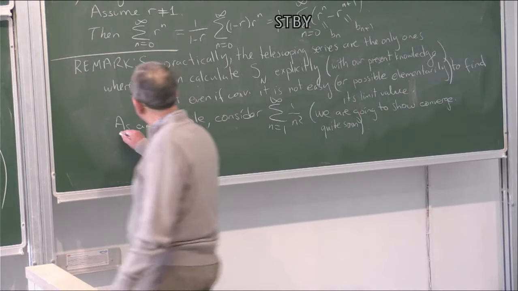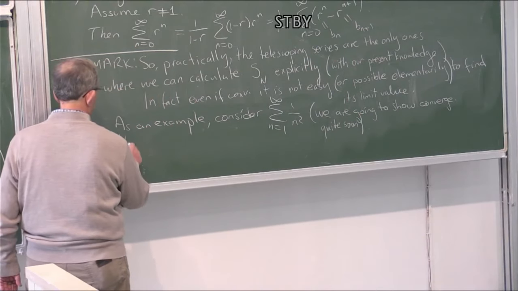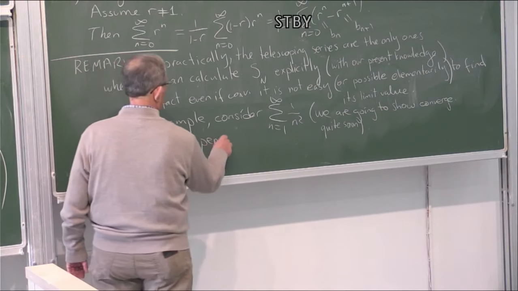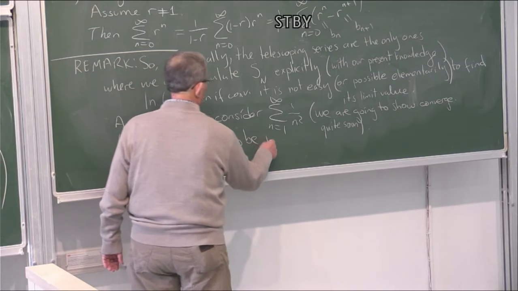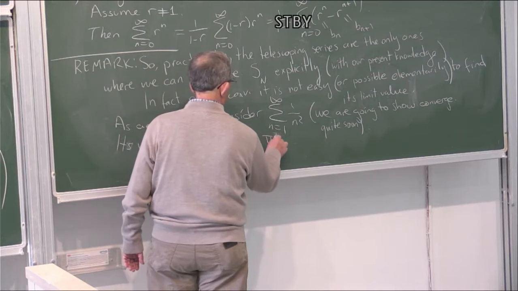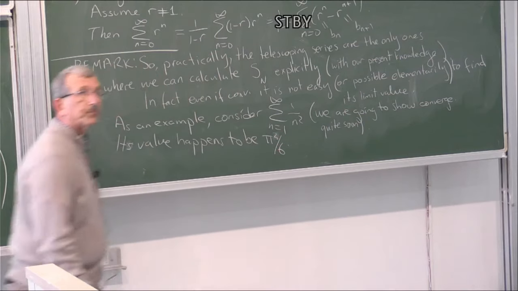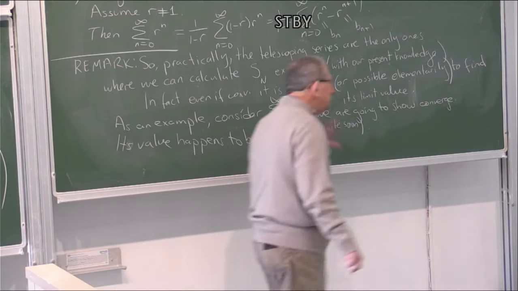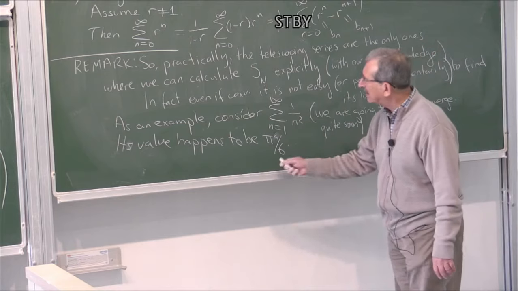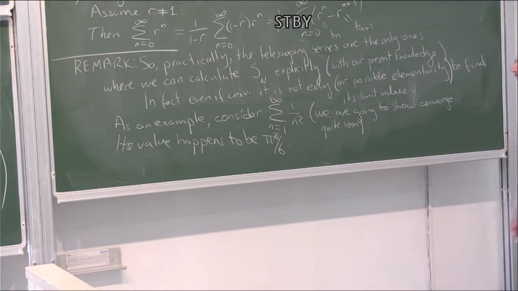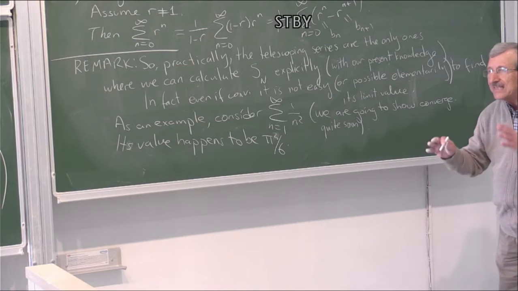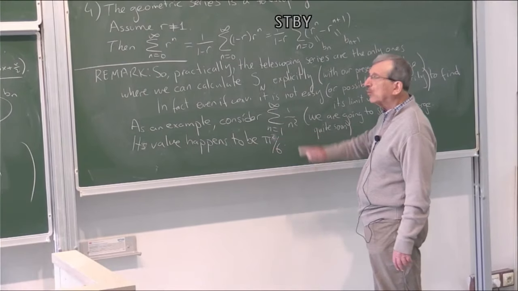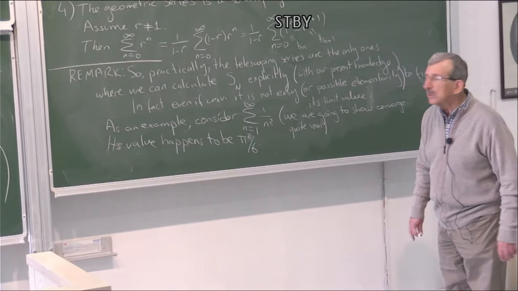Its limit, or its value, happens to be pi squared over 6. So even if we know it is convergent, it's not easy to show what exactly the value is. You can approximate this value, but exactly you cannot find it in an easy manner. One has to use quite sophisticated mathematical methods to show this.